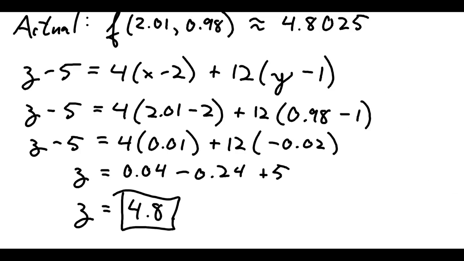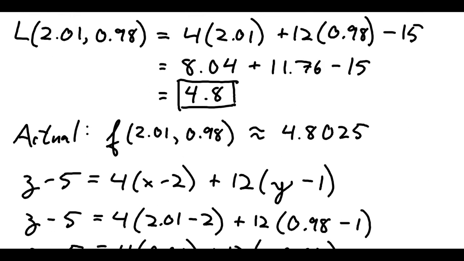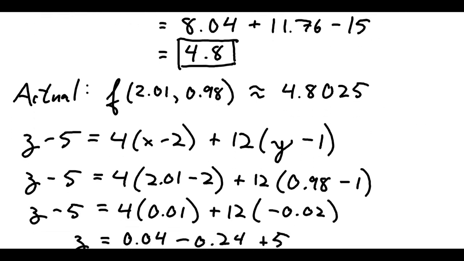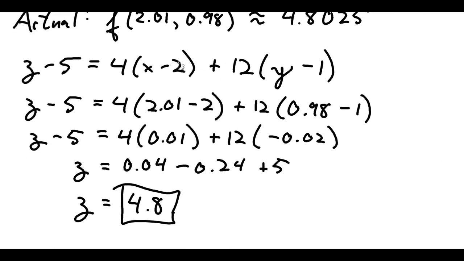So if you have a lot of digits being multiplied by a number, then the result might not have as much accuracy as you could get if you do the subtraction first to find out what your differences are, and then multiply those by the appropriate numbers.